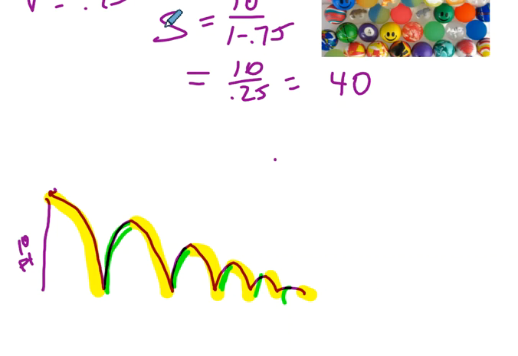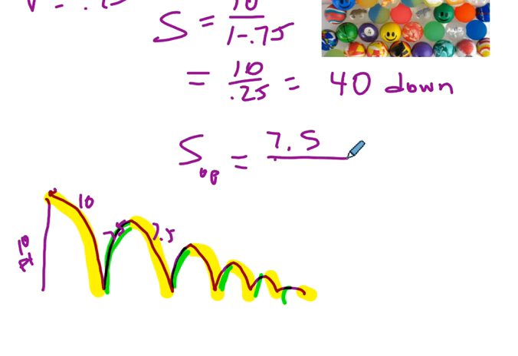So if this is 10 going down, times 0.75 will be 7.5 for this next term. I'm going to write next to it, downward. And so when I want to find the upward, 7.5 is the first term over 1 minus 0.75.